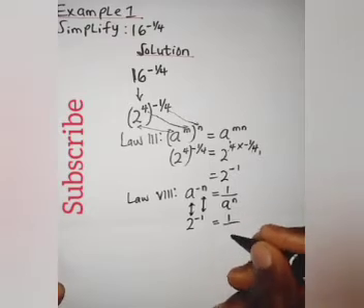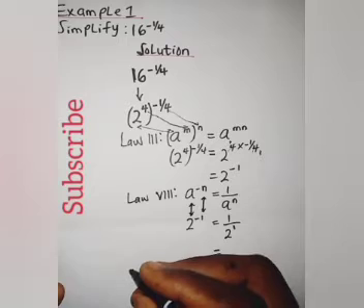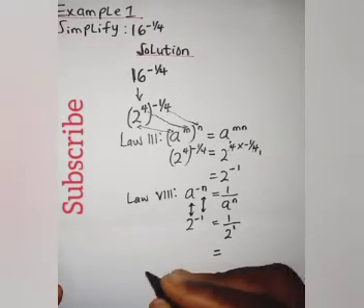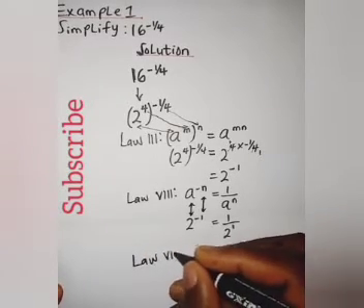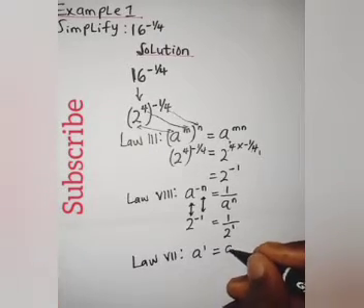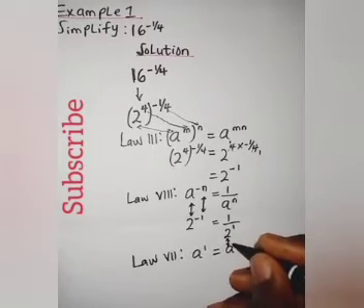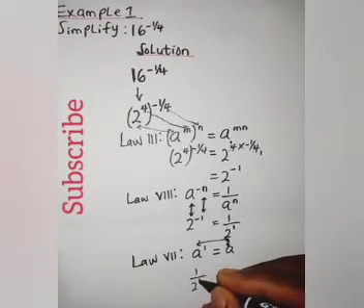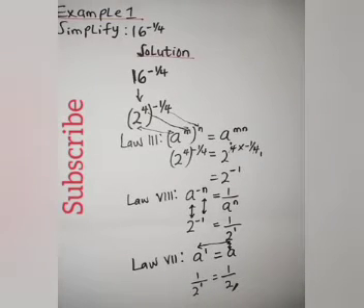So I have 1 over 2 to the power of 1, and again I gave a law, law 7: any number raised to the power 1 means that number. Applying that, 1/2 raised to the power of 1 means 1/2. So the solution to this question is 1/2.